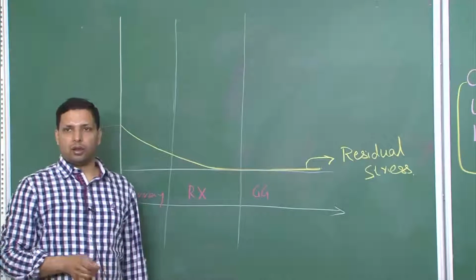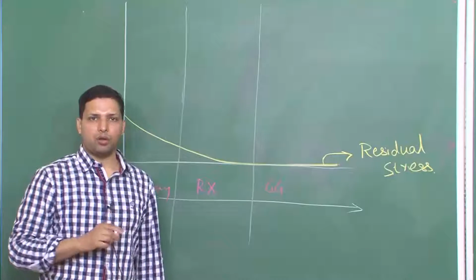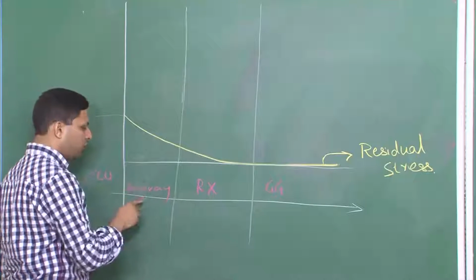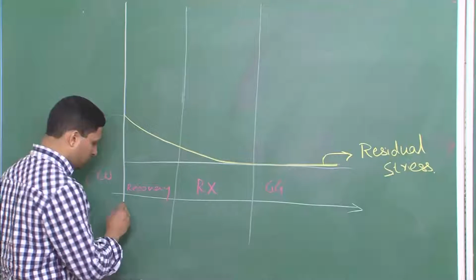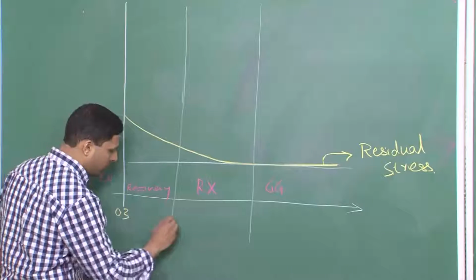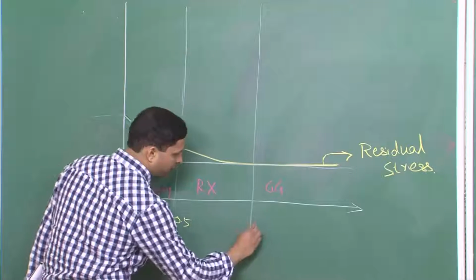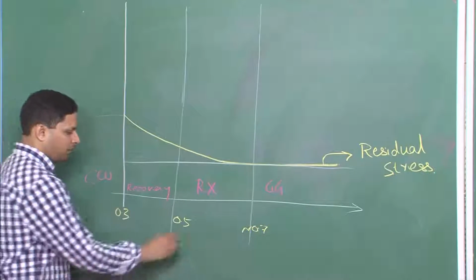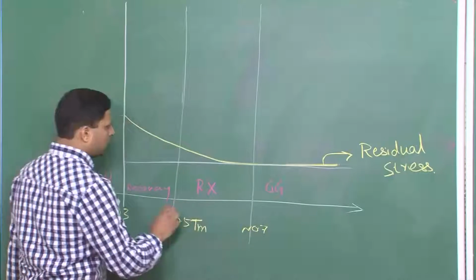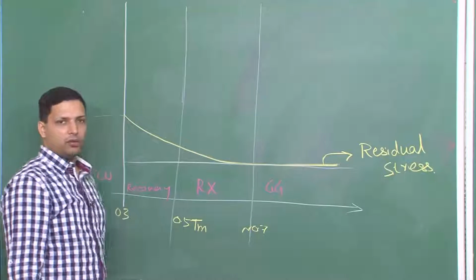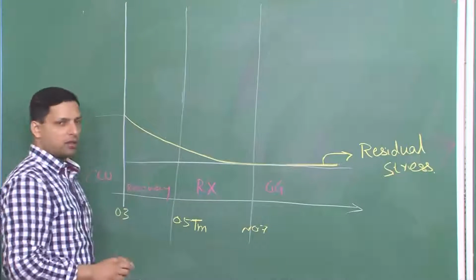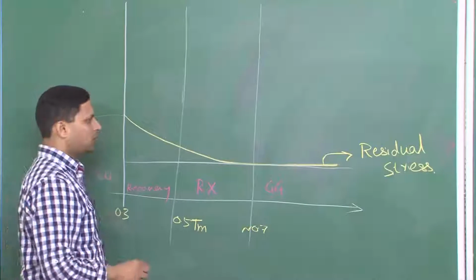So, below this temperature there will be no drop in residual stresses, but it does start to decrease when you reach the recovery zone. So, we are again, let me mark 0.3, 0.5 and approximately 0.7 Tm. So, if you are in the recovery zone, the drop in the residual stress starts to take place.